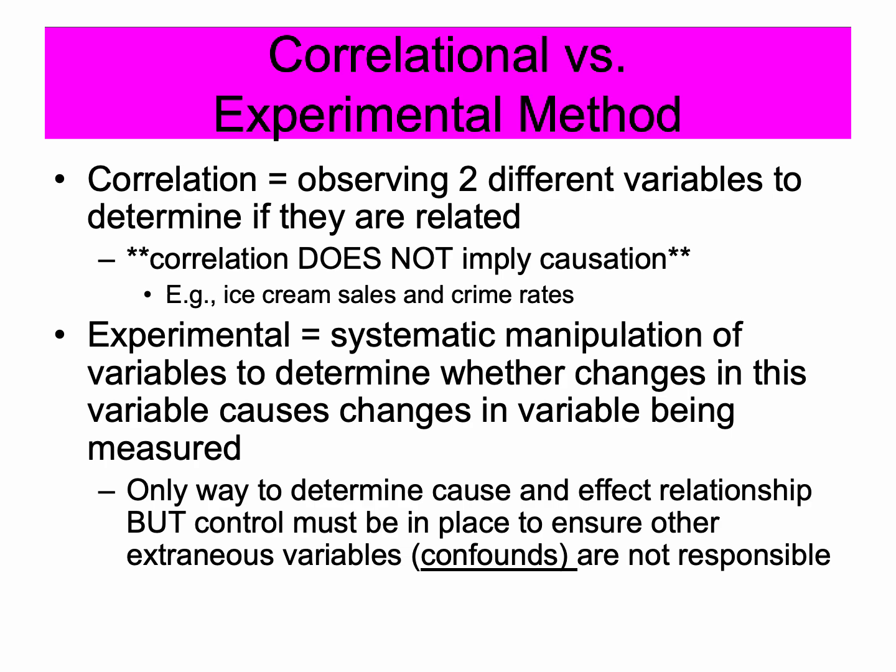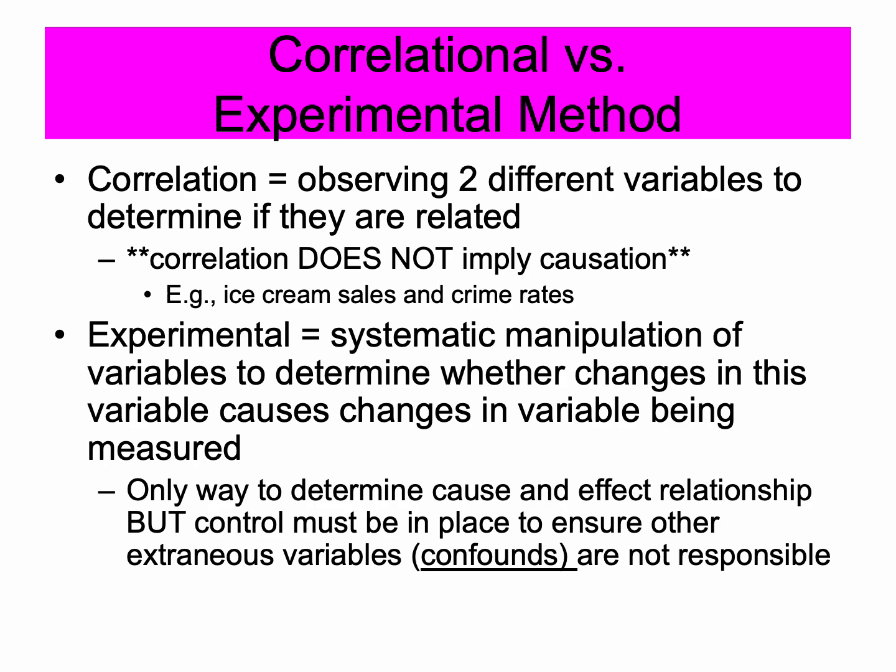So how do we tell when one thing is causing another thing? The only way to tell is through an experiment. And with an experiment, you're systematically manipulating variables to determine whether changes in the variables that you're manipulating are causing the changes in the variable that you're measuring. Let's say, for example, you want to determine whether medication or therapy is having a better effect on anxiety levels.